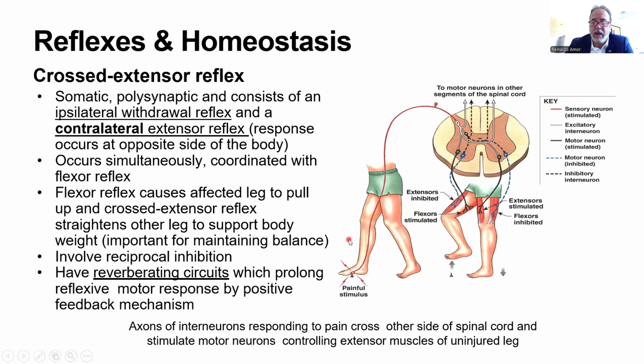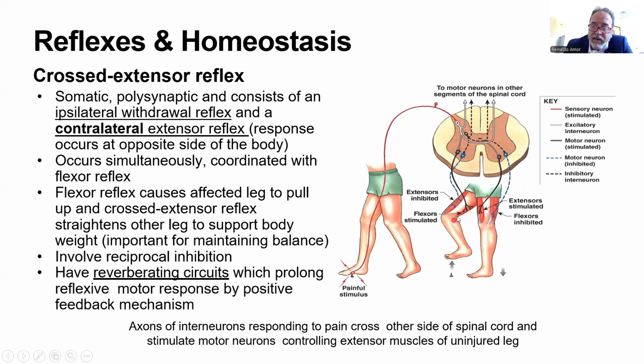So this one, let's say you step on a nail. Then you're going to send this painful signal along a sensory neuron. It's going to bind with an interneuron, and the interneuron is going to inhibit the extensor muscles of your leg, and it's going to stimulate the flexor muscles, so you can bring up your leg.